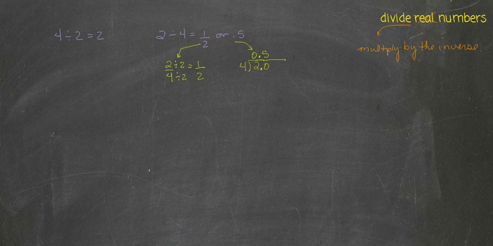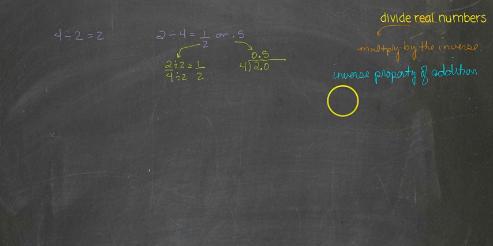So this is what we're used to doing when we do division, but now we want to turn it into a new process called multiply by the inverse. Obviously, though, before we can do that, we have to talk about what it is to be an inverse. So you remember from the inverse property of addition, that some number A plus the opposite of A equals 0.